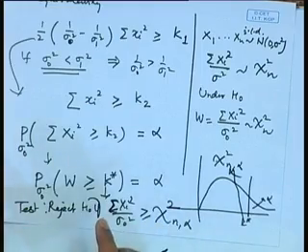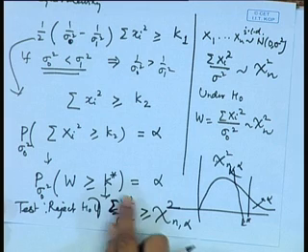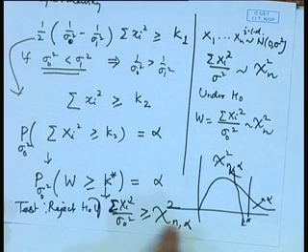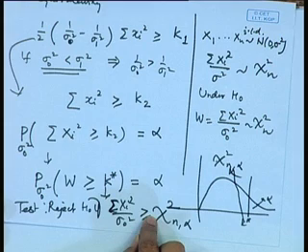Now how much value of sigma x_i square by n should be considered small or large is decided by the probability of the type 1 error. So, if the probability of the type 1 error is alpha, the relative position of sigma x_i square is decided by chi square n alpha, and of course, the value sigma naught square also plays a role, because if sigma naught square is much smaller compared to sigma 1 square, then that value will play a role.